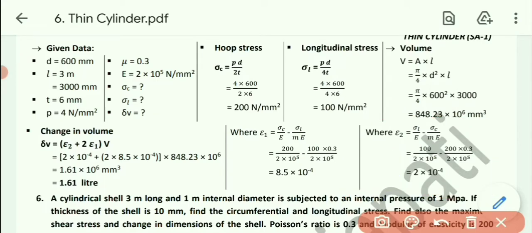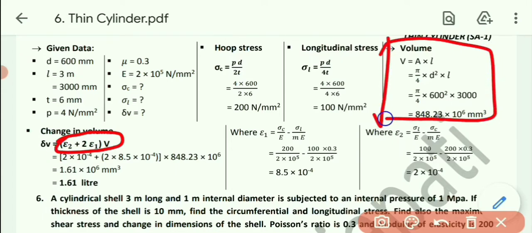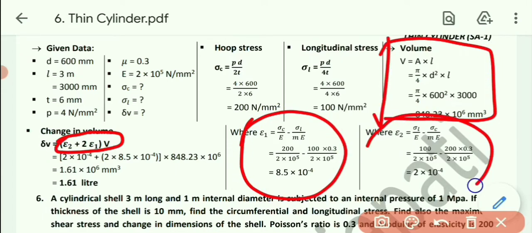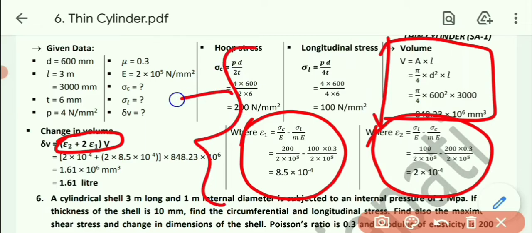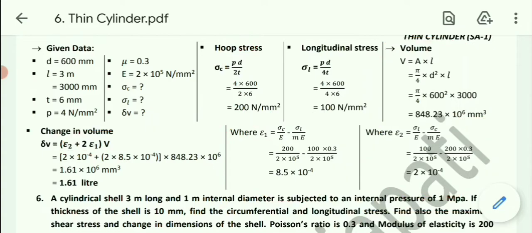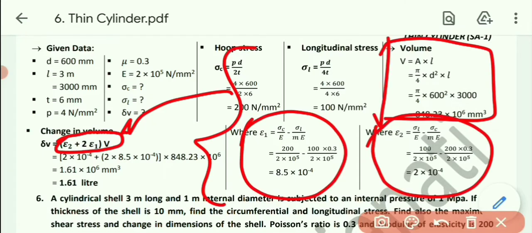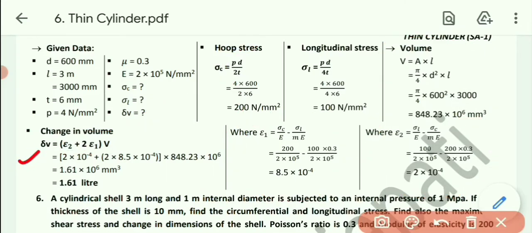So ultimately the unknowns of this volume formula, volume, epsilon 1 and epsilon 2, we have got all these three values. So let's put down all these three values in this equation. Delta V equals, in the bracket, epsilon 2 plus 2 times epsilon 1, into volume.